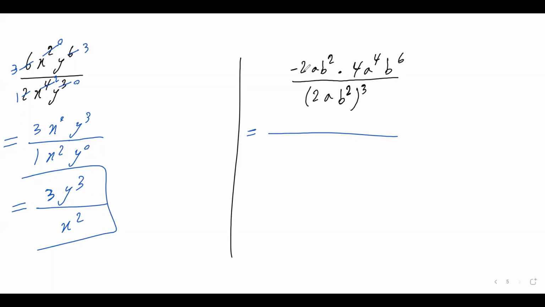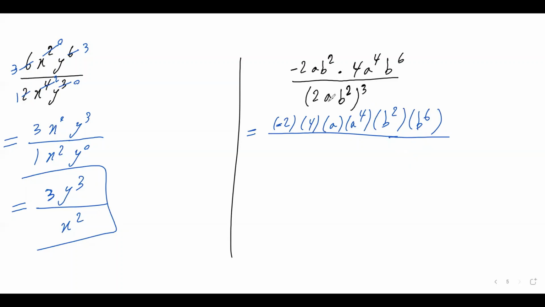We have to multiply the coefficients and then multiply the variables. So negative 2 times 4 times a to the power of 4 times b to the power of 2 times b to the power of 6. And then we simplify that further later.